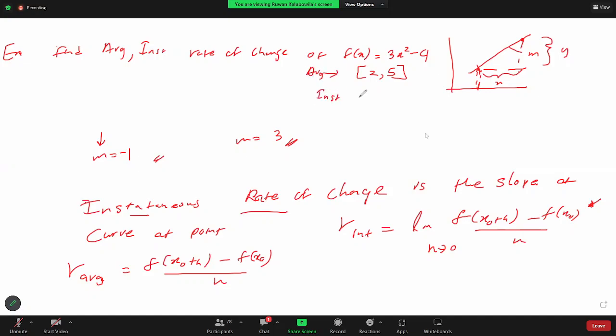This is for instantaneous, you can take a point negative. So please complete this one at home. Apply these points to find the average, then apply this point here and take the limits for the instantaneous rate.